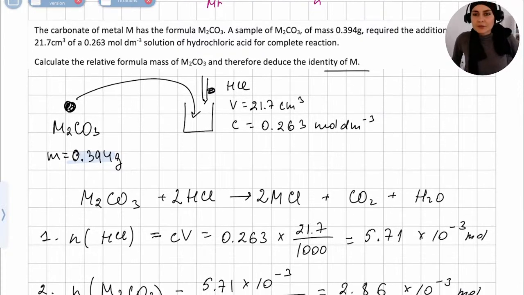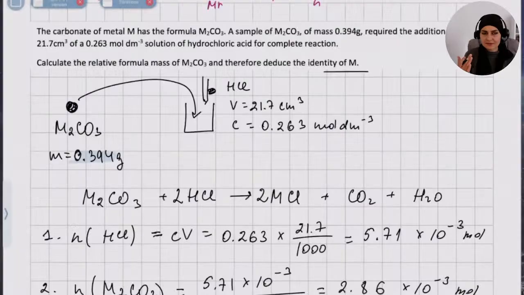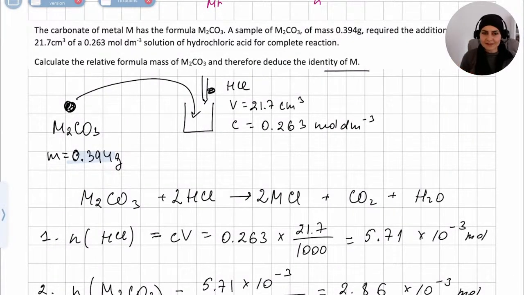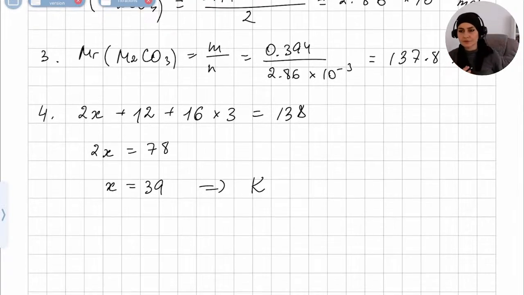Because if you ended up with a molar mass which is not in the periodic table, or a metal which is not in group 1, potassium is group 1, by the way, so we know it would form K2CO3. If you ended up with something else, then you know that you've done it wrong. Because if your answer is just a number, you never know whether it's correct or wrong. But with these types of questions, you know.